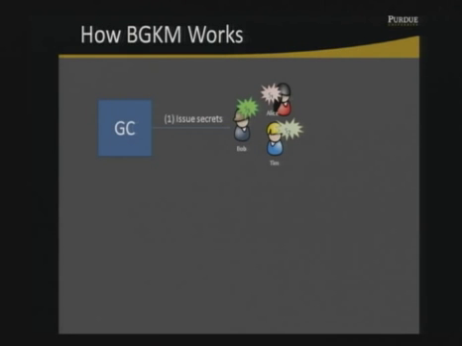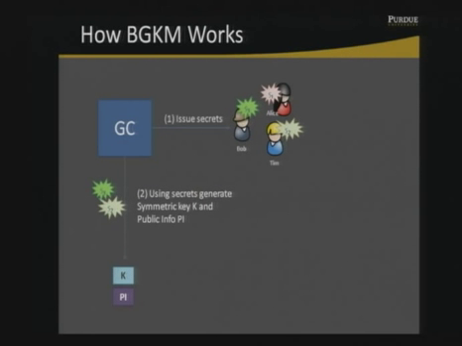Let me walk you through a simple example of how the whole cycle works. In step 1, users are issued secrets, as mentioned earlier. Then, say the policy says that only Bob and Tim, so S3 and S2, the secrets corresponding to Bob and Tim, can access the private key.